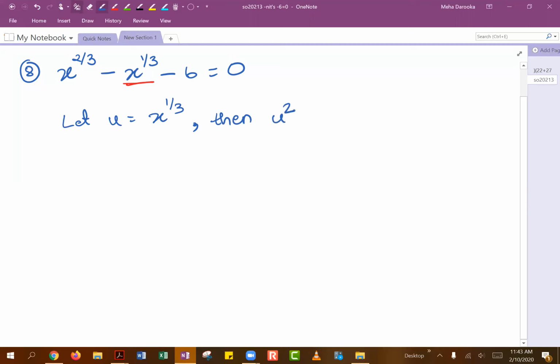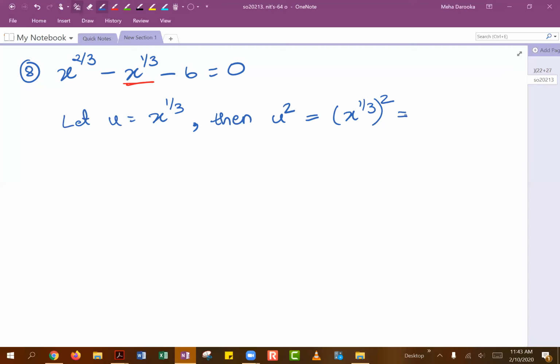That's the idea, right? So I want us to check this just to make sure you know why the first term will become u squared. So if I'm defining u as x to the 1/3, then if it's u squared, it should be x to the 1/3 squared, right? Now remember, this is coming from rules of exponents. If you're a little rusty, you can go and review those.